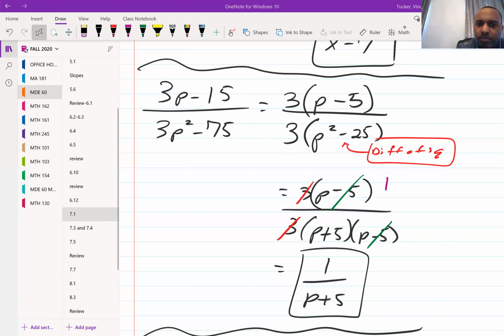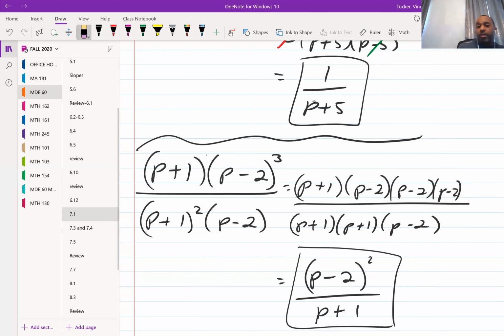So if we were to write each one of these out, we see that we have p plus 1 once, but then you have p minus 2 three times because that's p minus 2 cubed. Then on bottom, we have two p plus 1s and just one p minus 2.